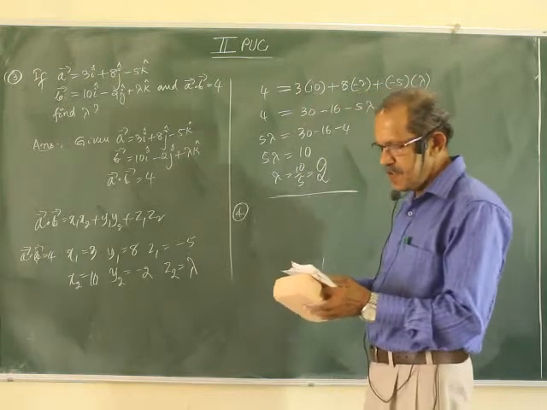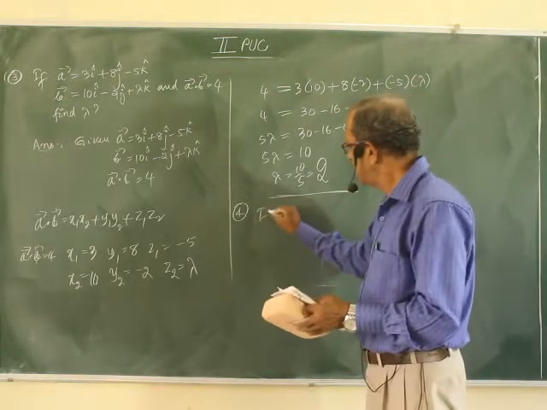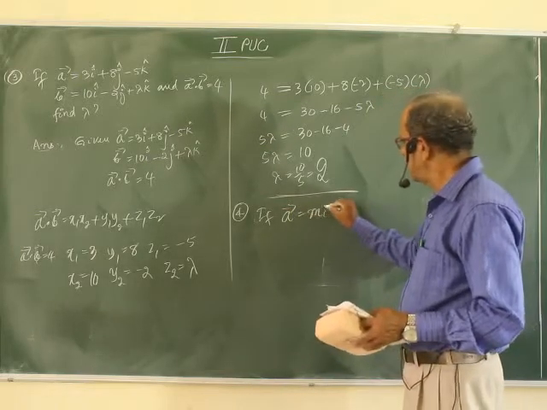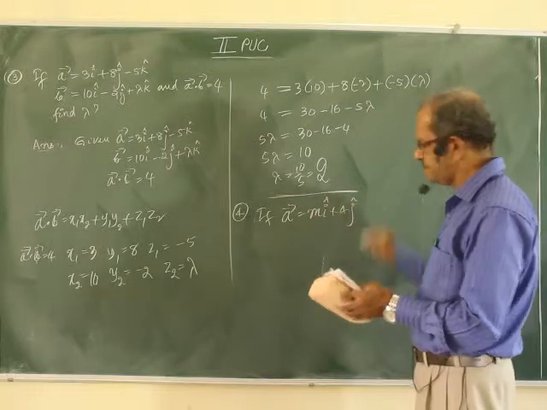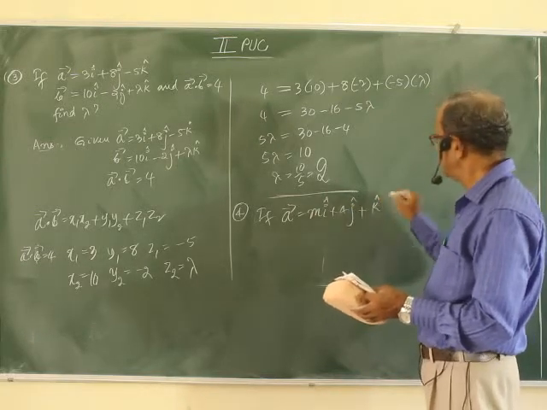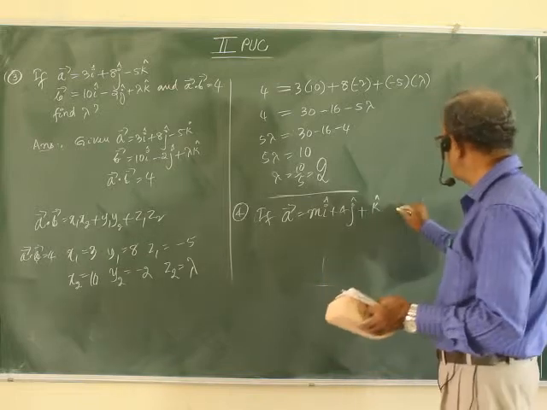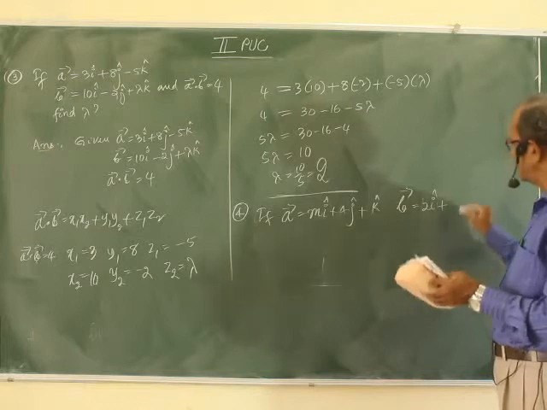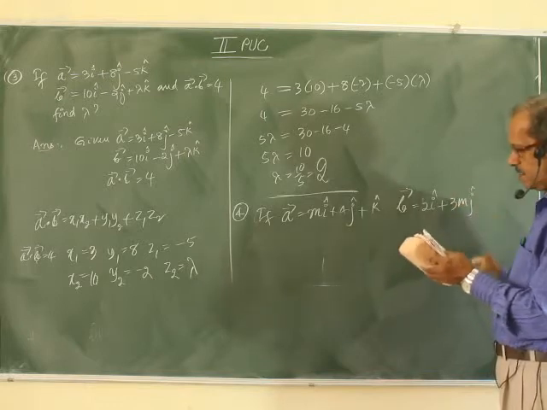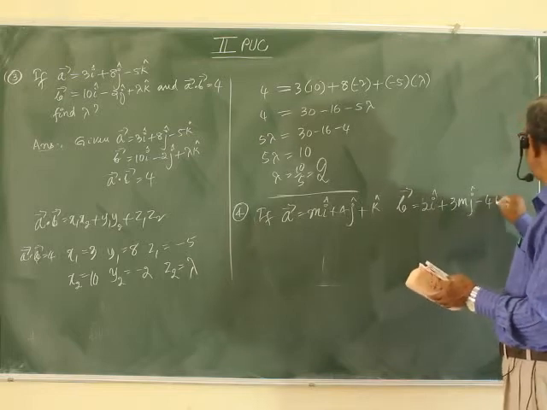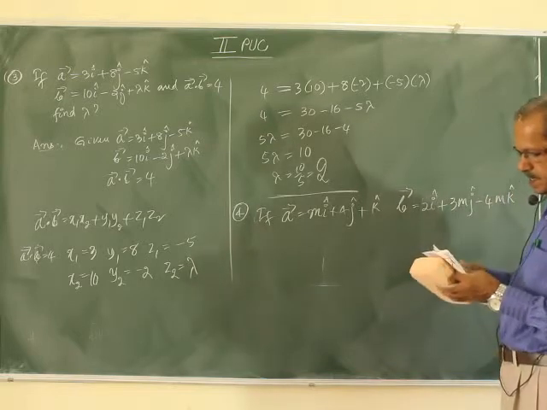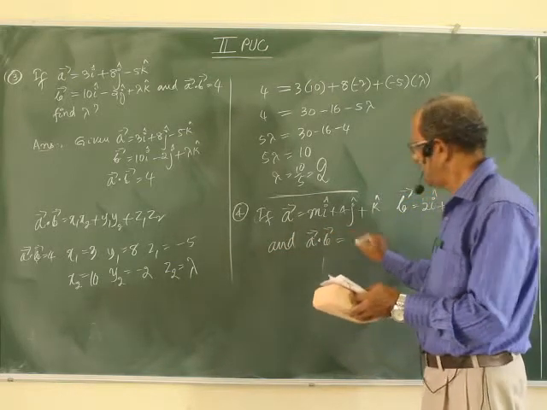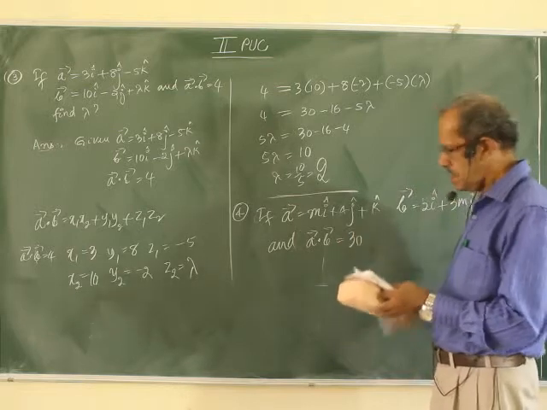See, if A equal to mi plus 4j plus k, B equal to 2i plus 3mj minus 4mk, and A dot B is 30, find m.